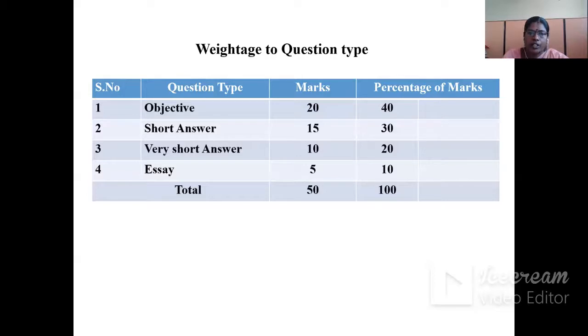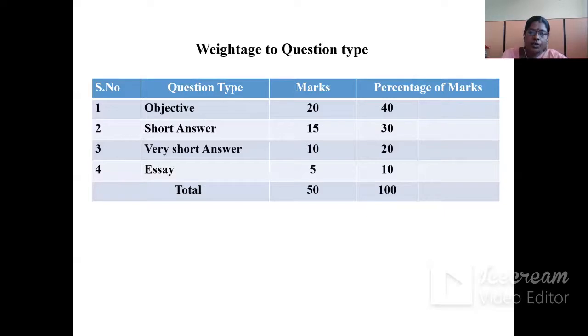Third one, weightage to question type. Here objective for 20 marks: multiple choice 10 marks, fill in the blanks 5 marks, one word answer 5 marks, total 20 marks. Short answer 15 marks, each question carrying 3 marks, 5 questions 15 marks. Very short answer, each question 2 marks, 5 questions 10 marks.